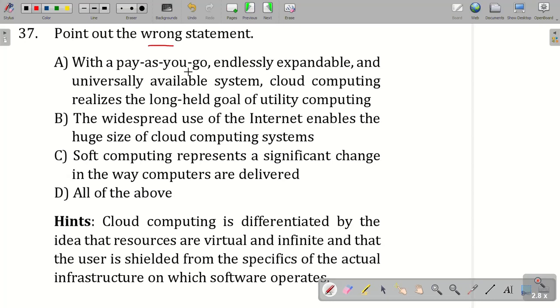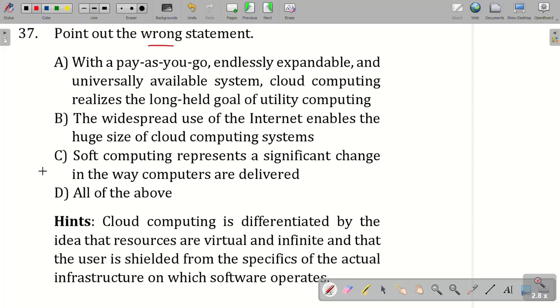With a pay as you go, endlessly expandable and universally available system, cloud computing realizes the long held goal of utility computing. The widespread use of the internet enables the huge size of cloud computing systems. Correct. Soft computing represents a significant change in the way computers are delivered.